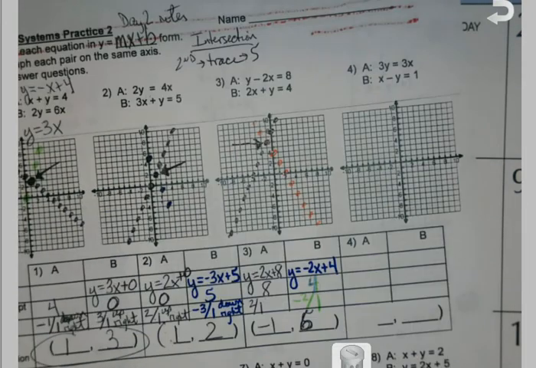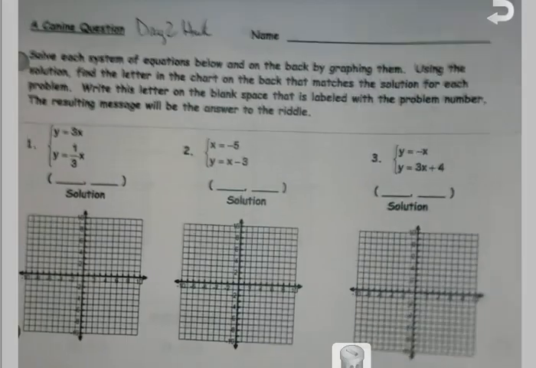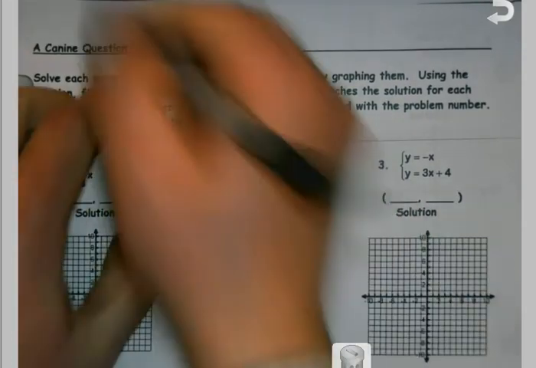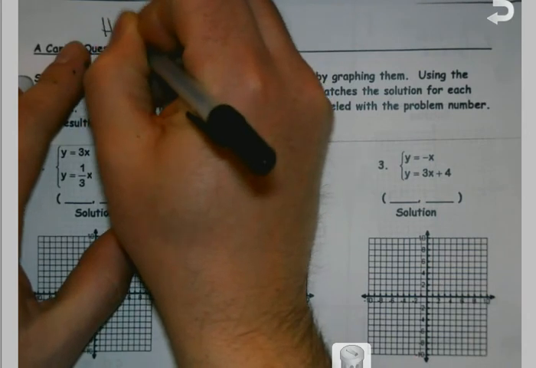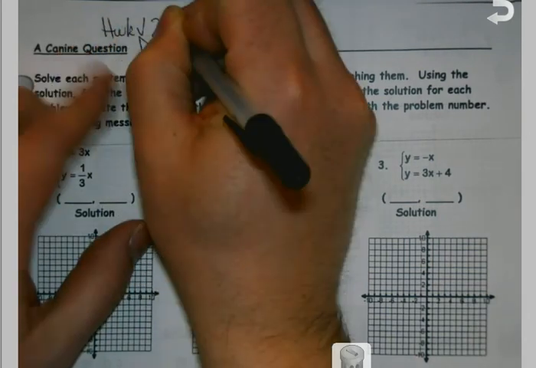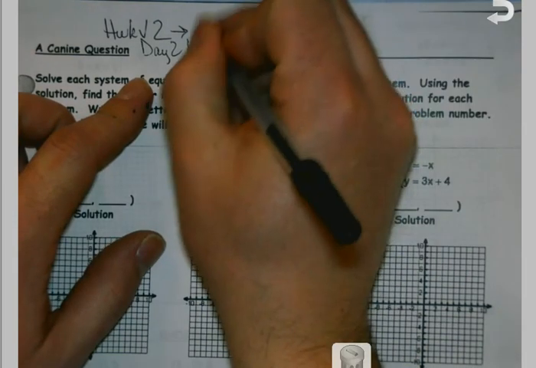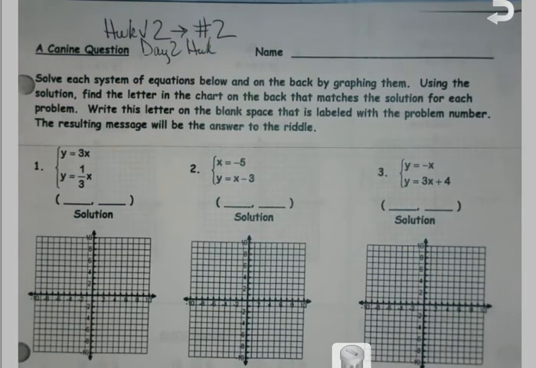So I'm going to come over to here. This is the homework. So for homework check, because we're working on homework check 2 right now, this would be the second assignment that we're working on with this.